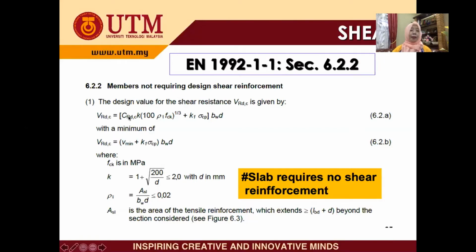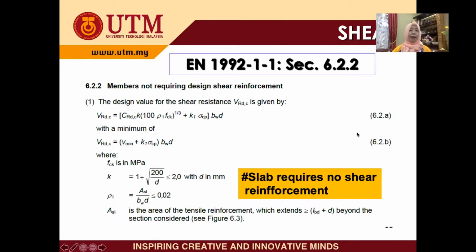So we have CRD, k, 100 rho 1 fck to the power of 1/3, k1 sigma cp bwd. So what is the value for this? Here, it's the minimum. Therefore, we need to calculate 6-A and then calculate 6-B.